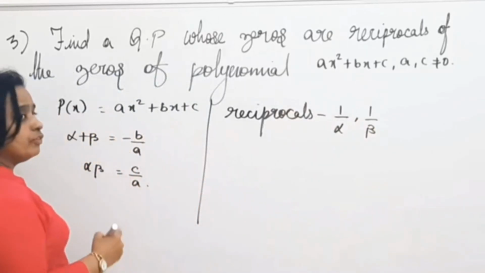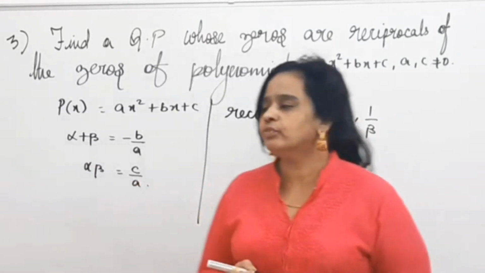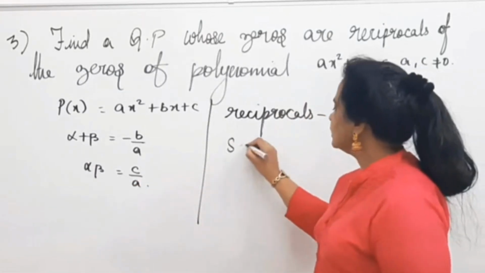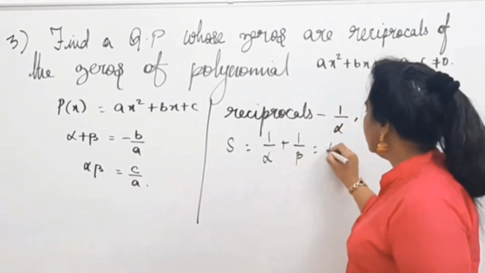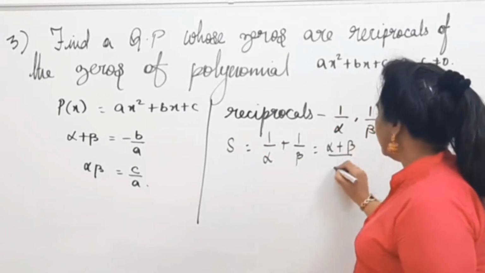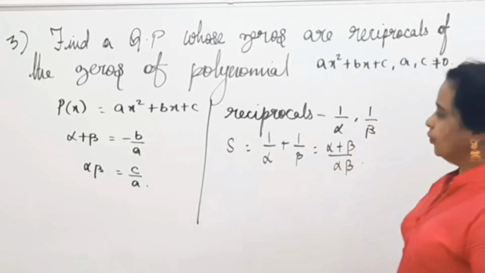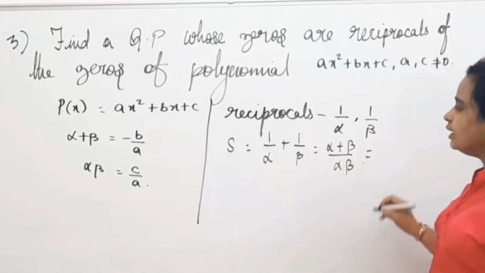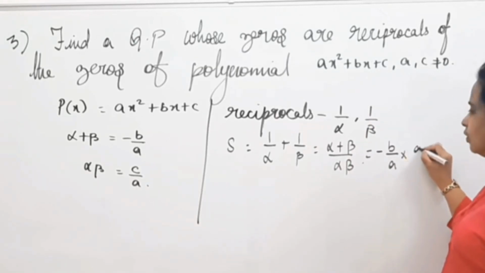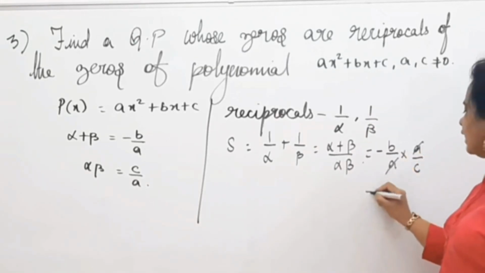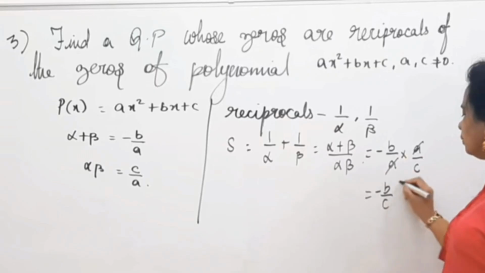Now I have to find my sum of the zeros. So S is equal to 1 by alpha plus 1 by beta. Take the LCM, divided by alpha beta. So alpha plus beta is equal to minus b by a, into alpha beta is c by a, the a gets cancelled, which is equal to minus b by c.